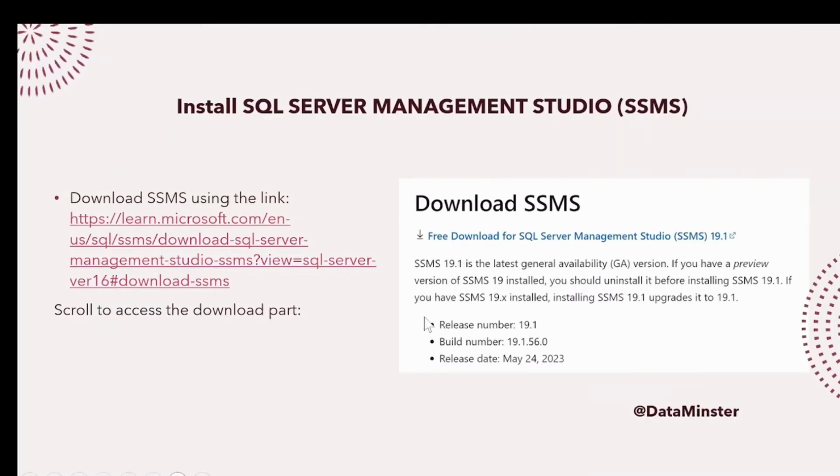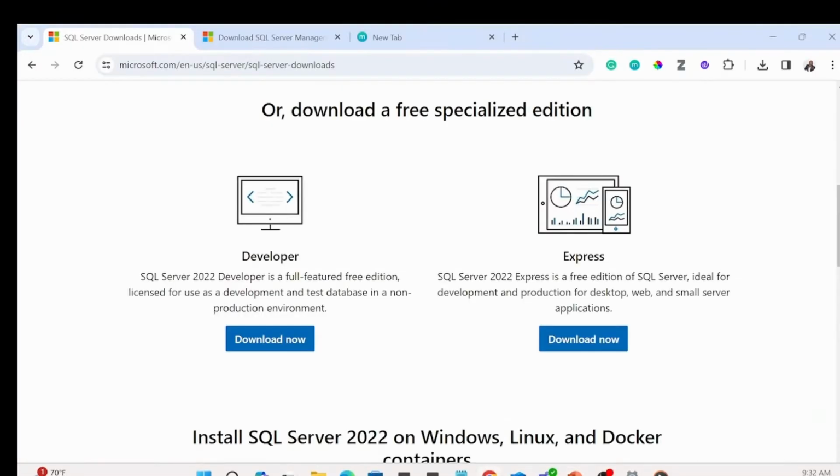The next thing for us is to install SQL Server Management Studio, or SSMS, and the link to downloading SSMS is in the description. You can just click that, and it will take you to the website where you will be able to install. I have it here already.